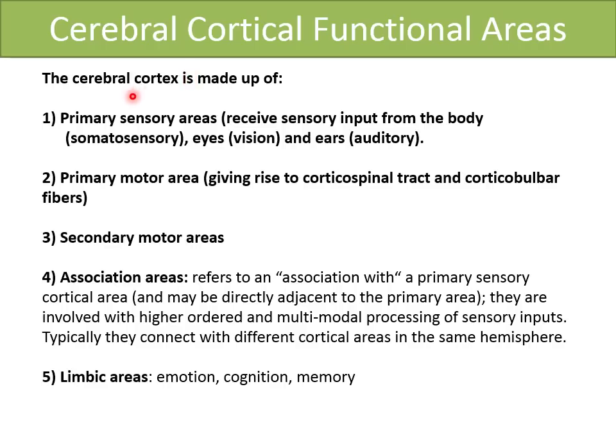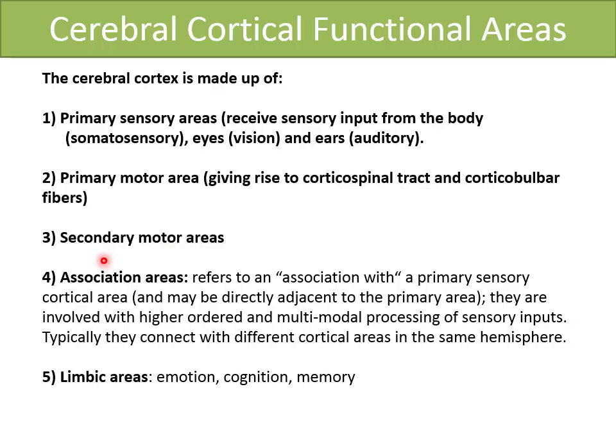The primary sensory areas receive sensory input from the body, that is, somatosensory input, from the eyes for vision, and from the ears for audition. And as we'll find out later, also from the nose for olfaction and from the oropharynx for taste. Primary motor cortex gives rise to the corticospinal tract and the corticobulbar tract.